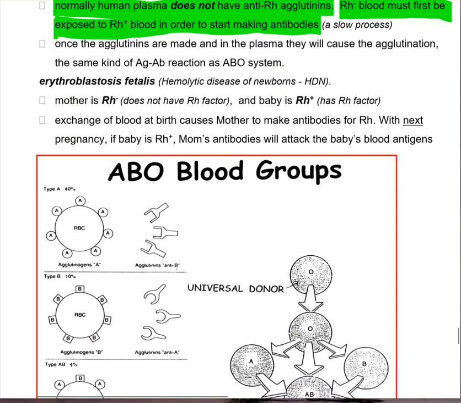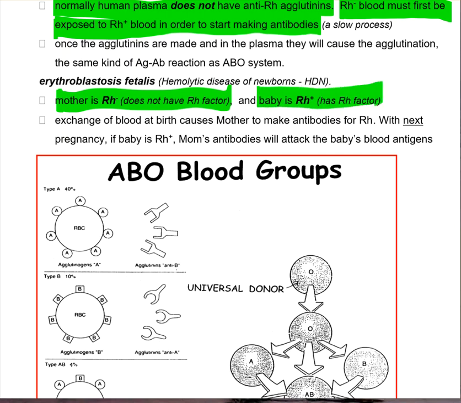So where this becomes the biggest issue is with moms who are Rh negative, okay? Moms are Rh negative, and the baby is Rh positive. That means the father must have been Rh positive and genetically gave the baby the Rh positive antigen in its genetic makeup.